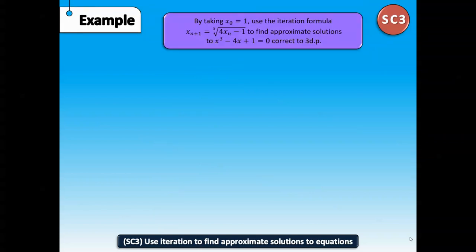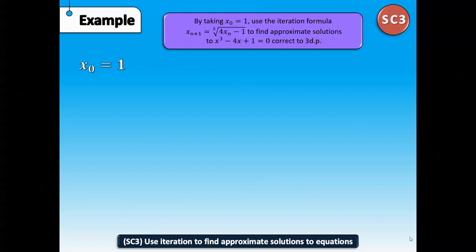Let's have a look at this example. So by taking x_0 as 1, use the iteration formula x_{n+1} equals the cube root of 4x_n minus 1 to find approximate solutions to x cubed minus 4x plus 1 equals 0, correct to 3 decimal places.